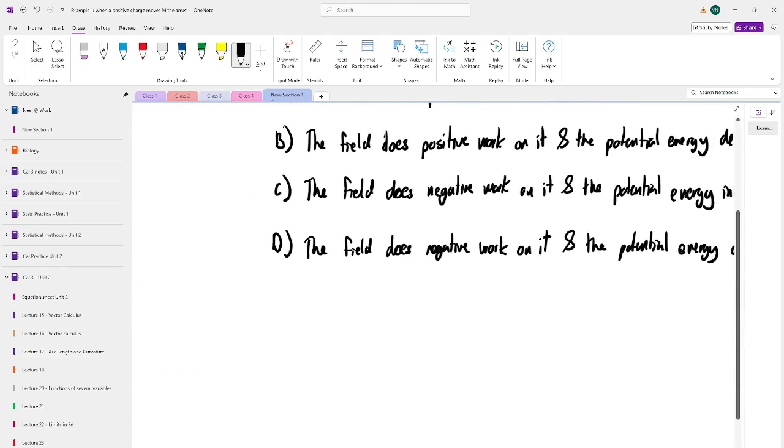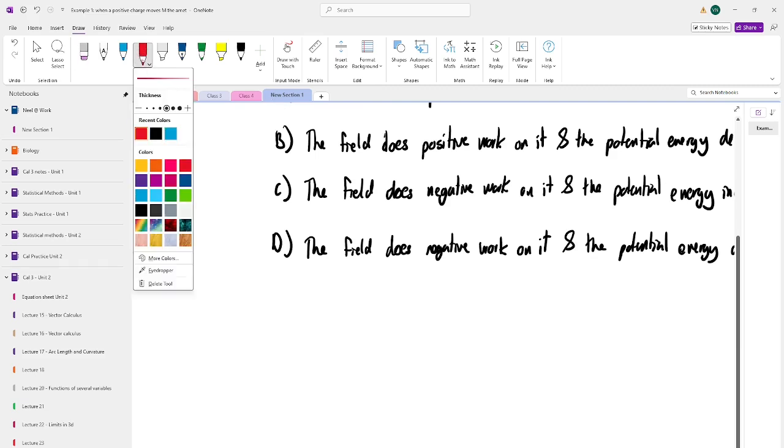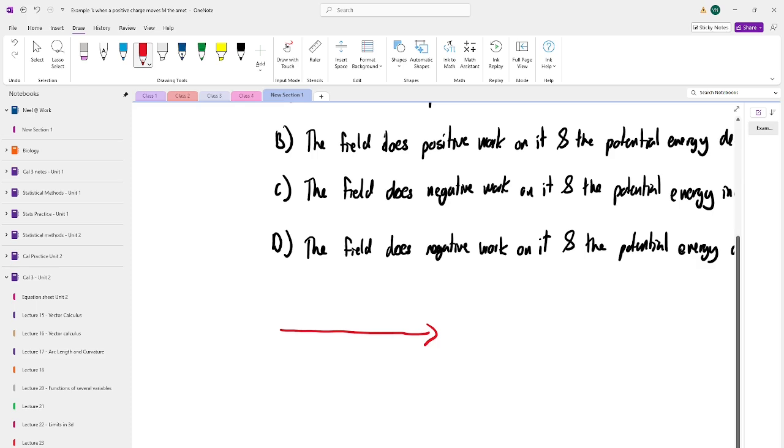So if I was to draw this out, I would have something like that. I would have the E field, which is moving in this direction, and then I would have a positive charge like that moving in that direction, with a charge of plus Q, let's say. And so they're asking, if a positive charge moves in the direction of the electric field, what's happening really?